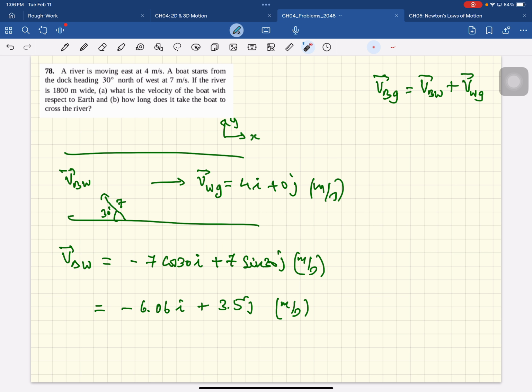Okay? So this velocity of the boat with respect to water plus velocity of water with respect to the ground gives you the velocity of the boat with respect to the ground. Okay? Pilots have to do this all the time. Why do they have to do this all the time?